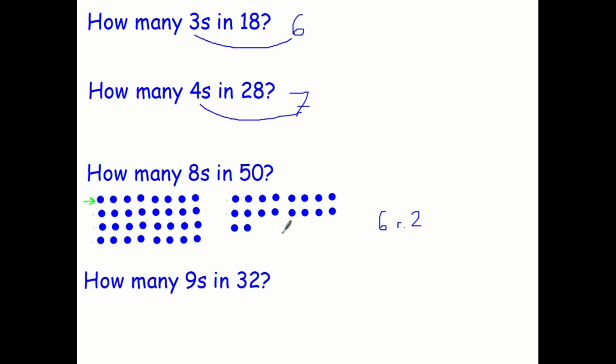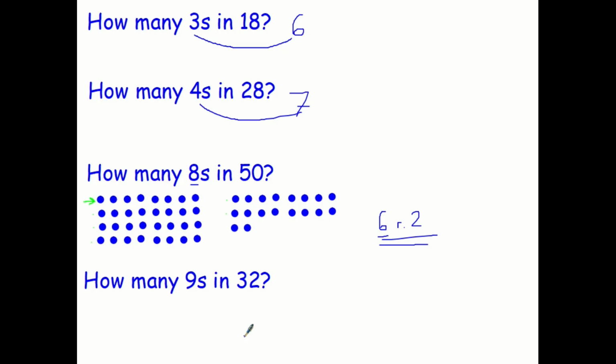Okay, 6 rows of 8, remainder 2. And that is really important for bus stop division, and that will become apparent shortly. If, of course, you know your times tables, you can think about it as 8 multiplied by 6, which is 48, and then you've got 2 left over, which take you up to your 50.